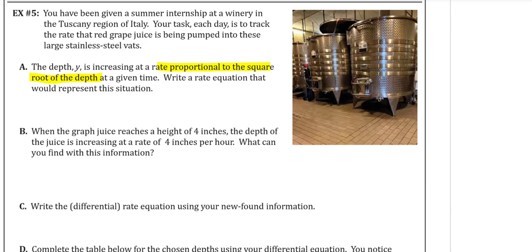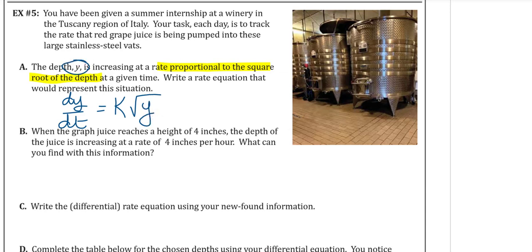Write a rate equation that would represent this situation. The change in depth, dy/dt, is proportional to, so we have a constant of proportionality, the square root of the depth. Depth is y.